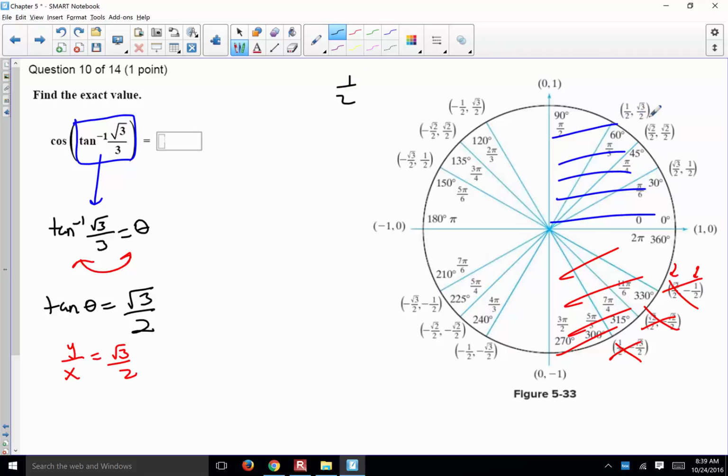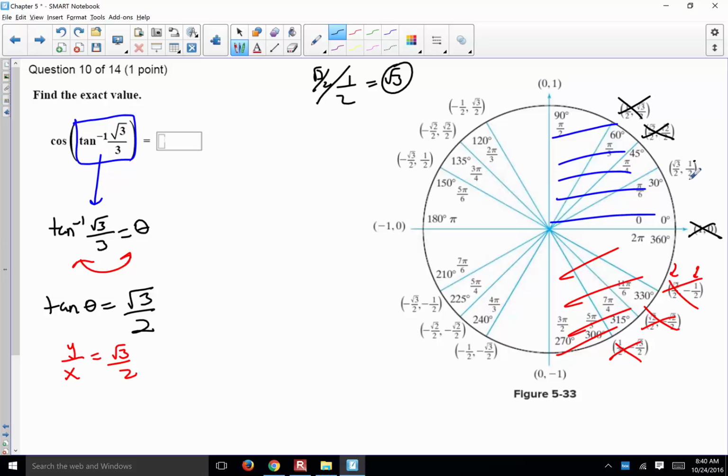I'm not doing the top one because 1 over 0 is undefined. I need to do root 3 over 2 divided by 1 over 2. This gives you root 3. So tangent 60 is root 3. Wrong. This is 1. Wrong. This is 0. Wrong.